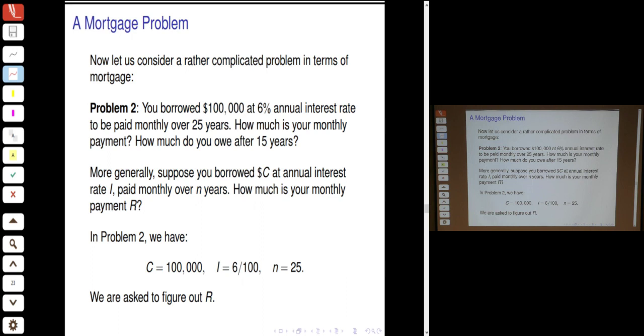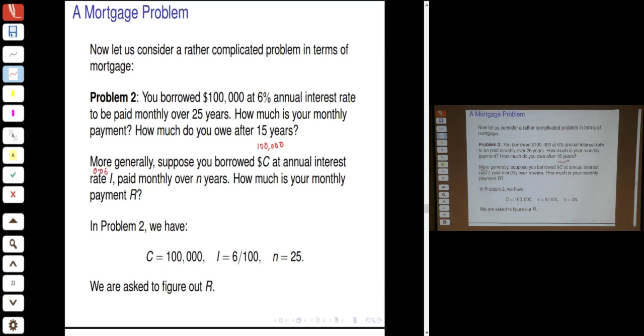So suppose you have borrowed $C at annual interest rate I and it is to be paid off monthly over n years. In our context, C is 100,000, the annual interest rate I is 6%, or in terms of fractions 0.06, paid monthly over n equal to 25 years.